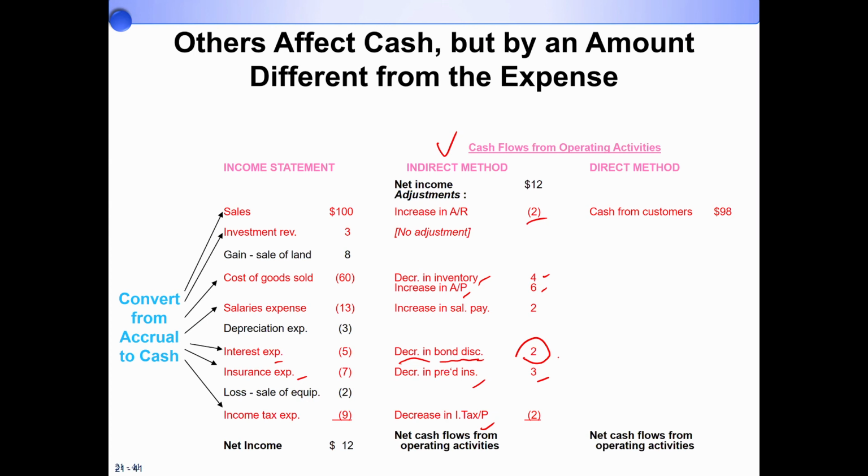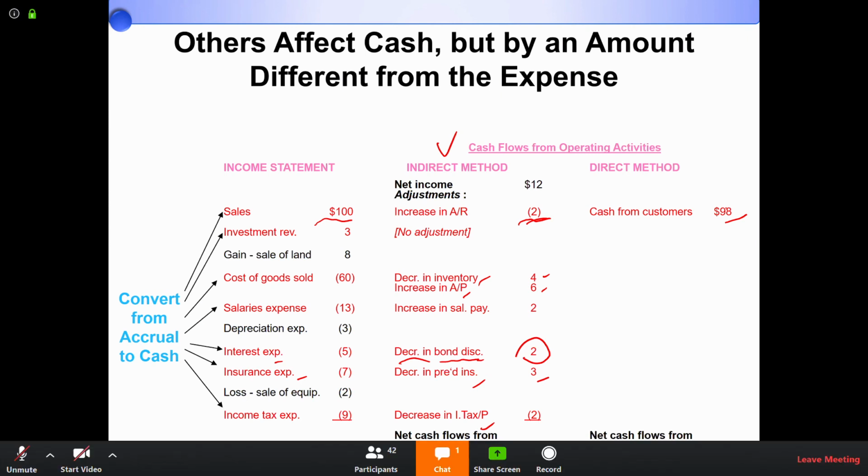See, sales revenue is 100, and with the increase in accounts receivable here, we need to subtract to figure out the cash flow for the indirect measure. How about the direct measure? Cash from our customers is 98. This is a summary journal entry.